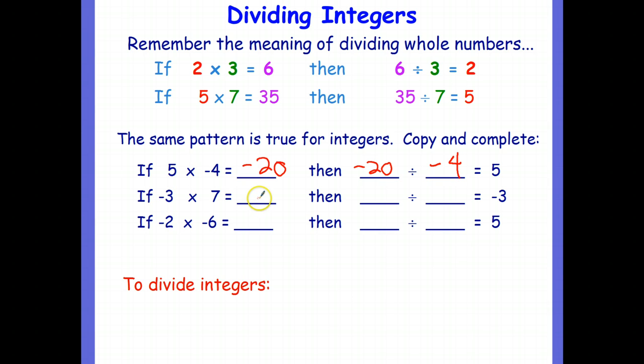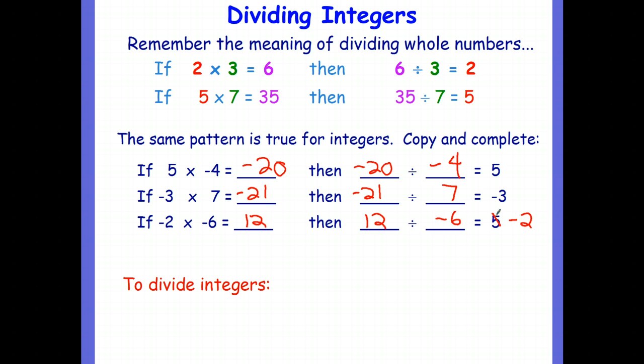If negative 3 times 7 equals negative 21, then negative 21 divided by 7 has to give us negative 3. And in the last question, if negative 2 times negative 6 is positive 12, because the signs are the same, then 12 divided by negative 6 equals negative 2.